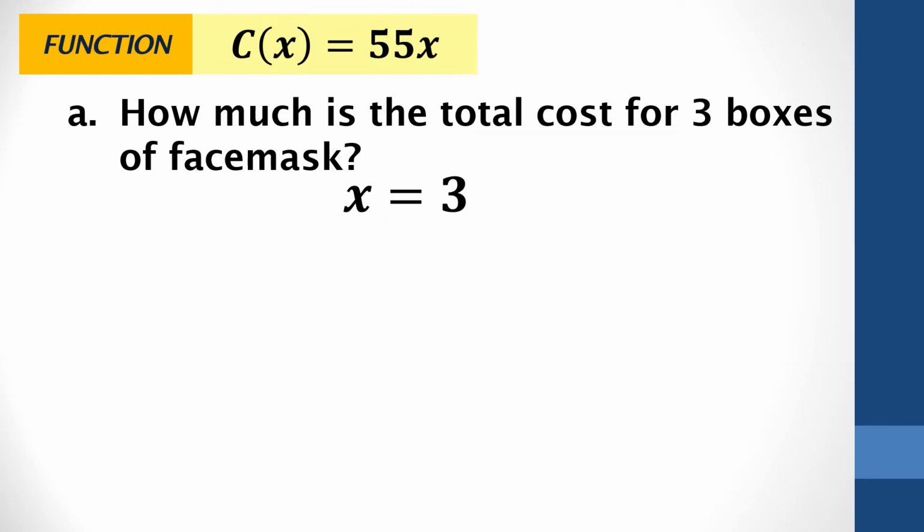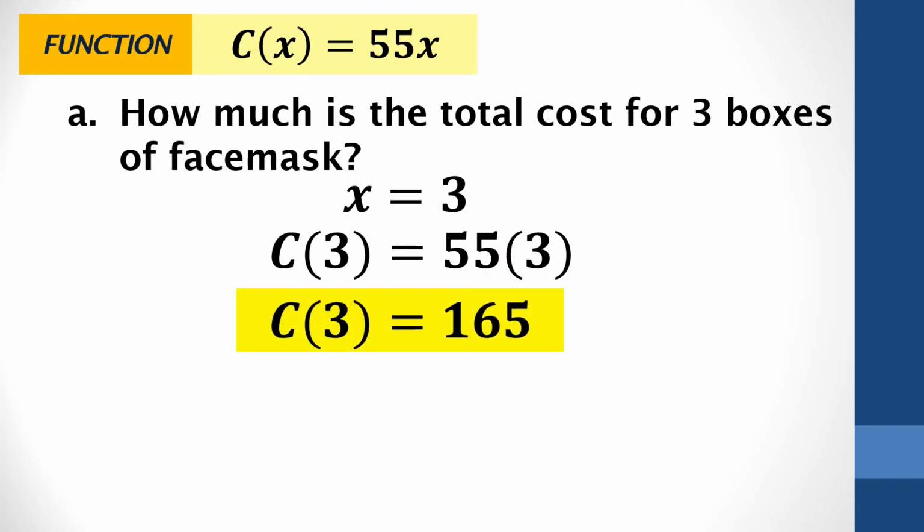Okay, what are we going to do next? We are going to use now this function and put it here. And yung ginawa natin, nag-evaluate tayo. Si x, ginawa nating 3. Nag-substitute lang po tayo. So, C of 3 is equal to 55 times 3. Meaning, 55 kada box. So, meron tayong 3 box. So, 55 times 3.